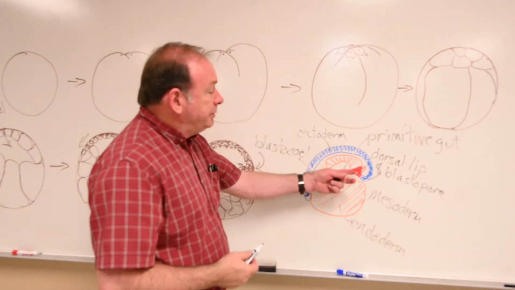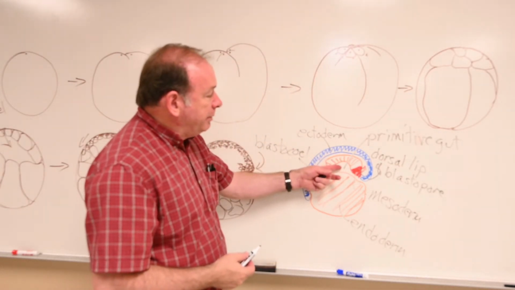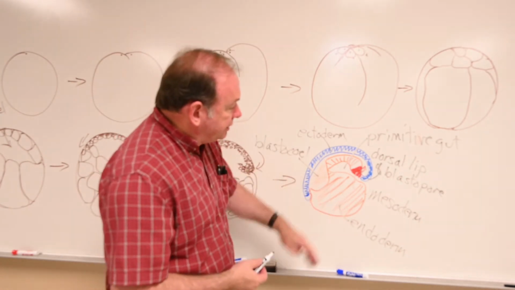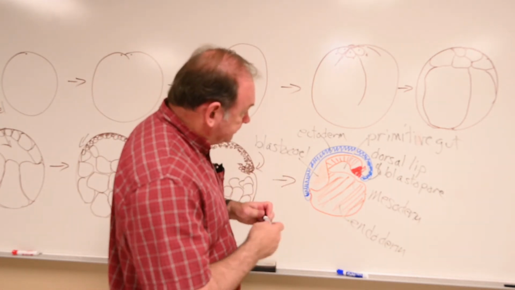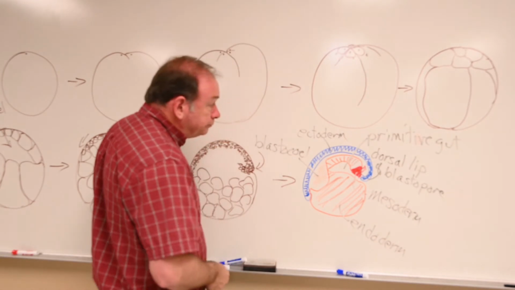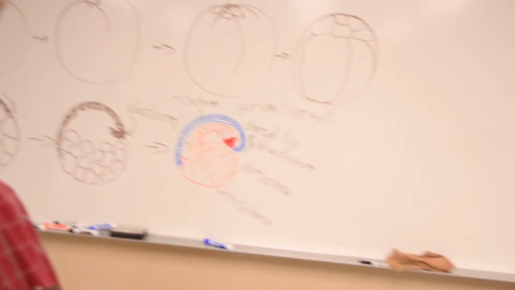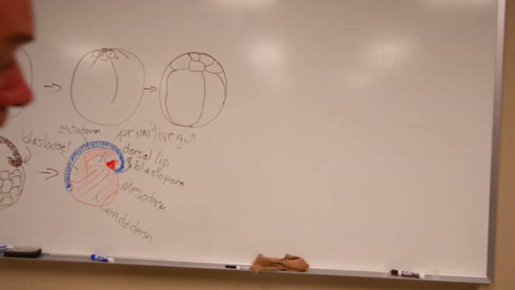Part of the endoderm is going to form the lining around the primitive gut. Part of it is still yolked material, yolked nutrient cells down here. Now another view of the frog embryo.